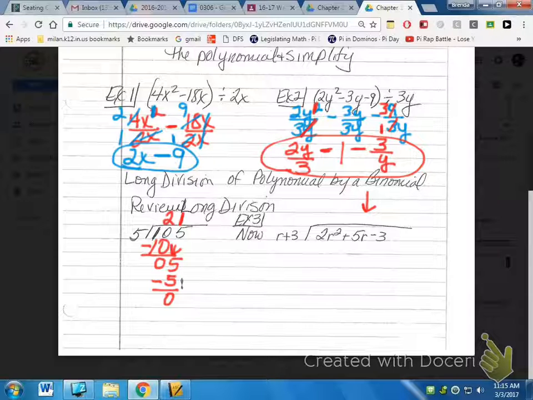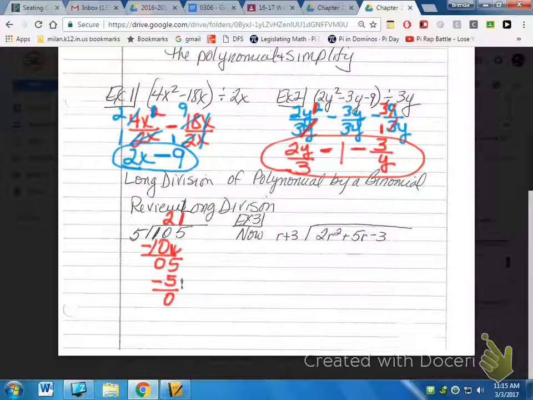What you've got to ask yourself is this question: what times r would give me 2r to the second power? What times r is going to give me 2r to the second power? 2r.